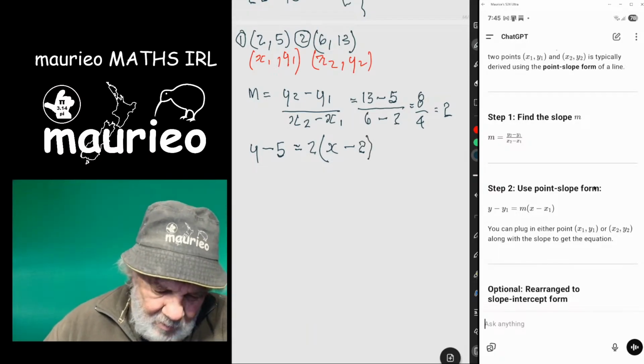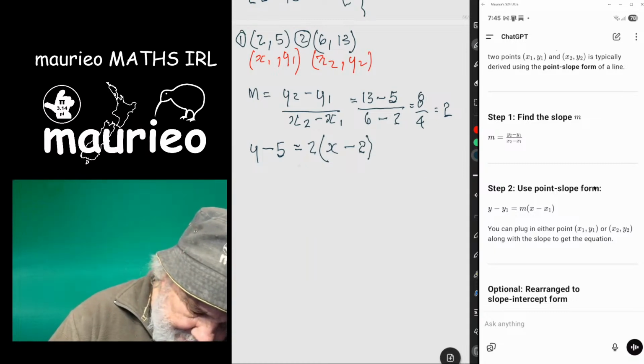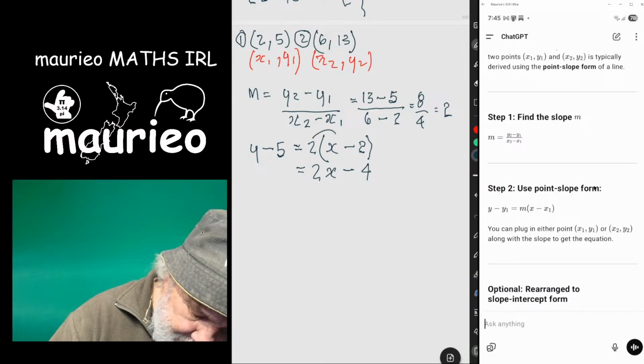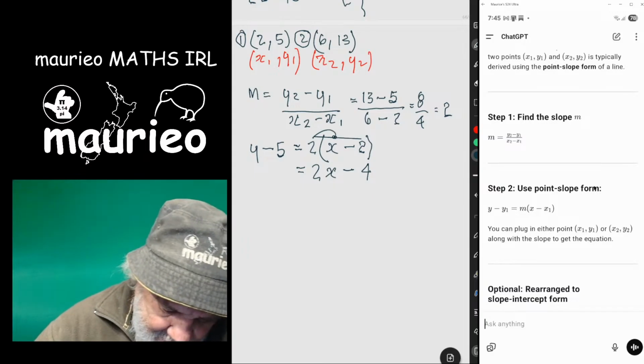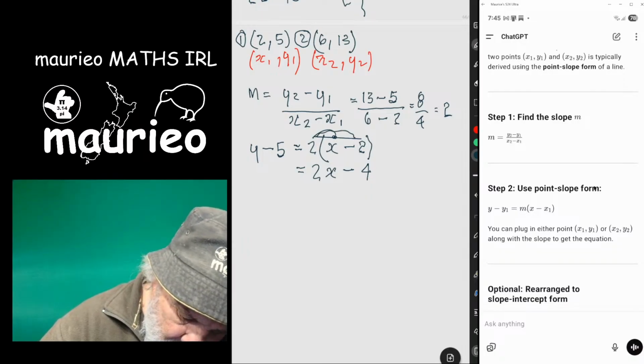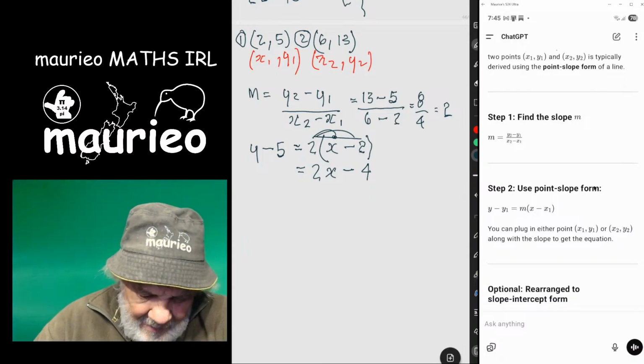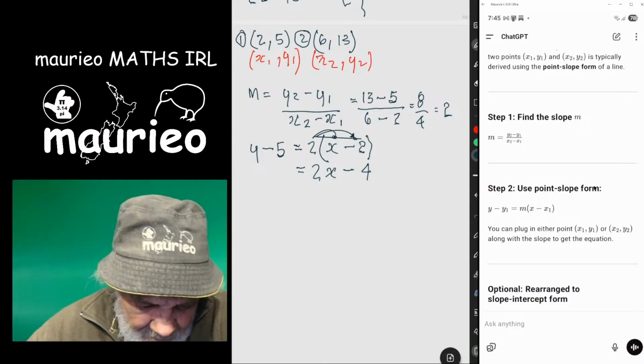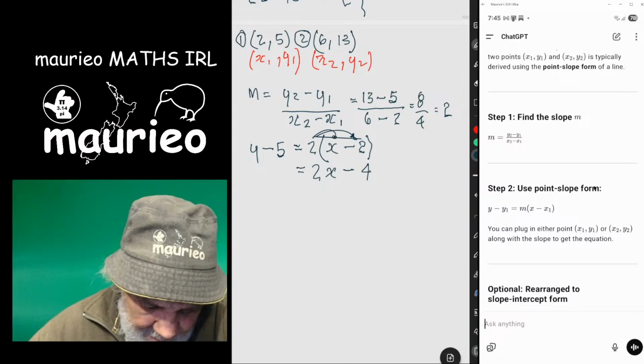Okay, so what we've got to do is expand that out. 2x minus 4. So that's that times that minus that times that. So that's 2x minus 4.